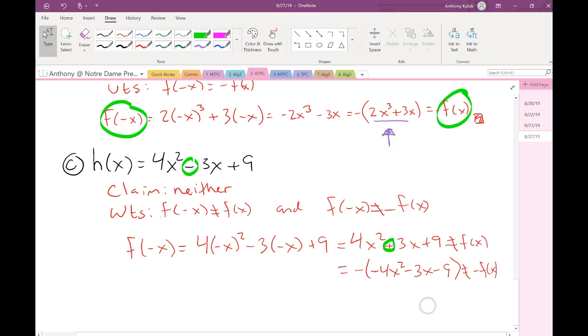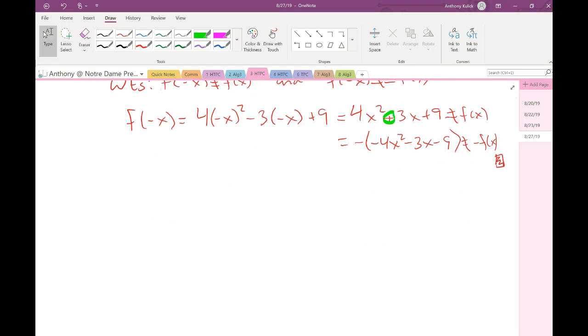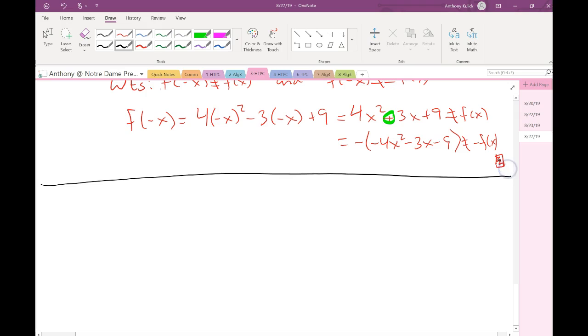So I'm done. I've shown that it wasn't f of x, and I've shown it wasn't f of negative x. Questions about odd, even, or neither? Okay, felt fairly straightforward, I hope. The checks are pretty easy. On to the next topic.